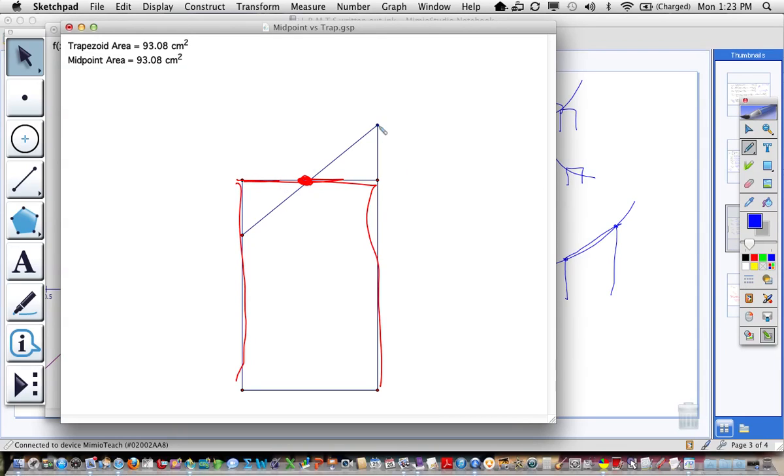Now what can you tell me about the blue trapezoid? Why? You're telling me these two cancel each other out. Now give me a reason why those two cancel each other out that your geometry teacher would be proud of.